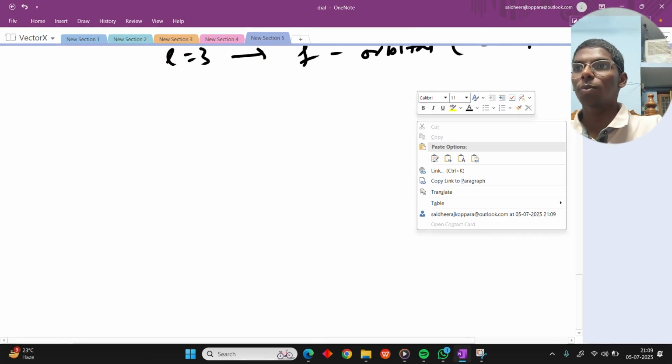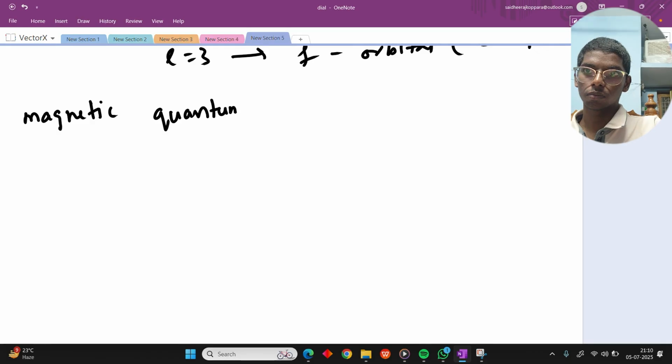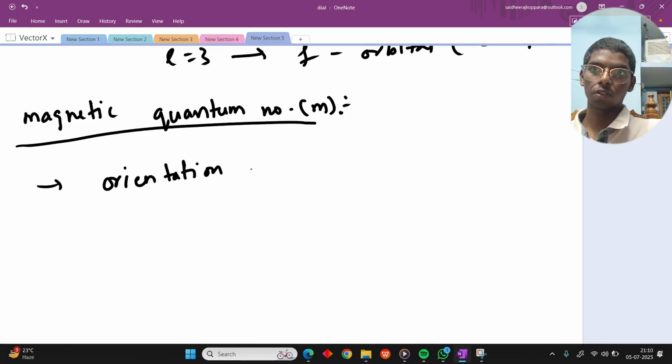Next one is the magnetic quantum number, which is denoted by m, which is the orientation of the given orbital, subshell to be precise.